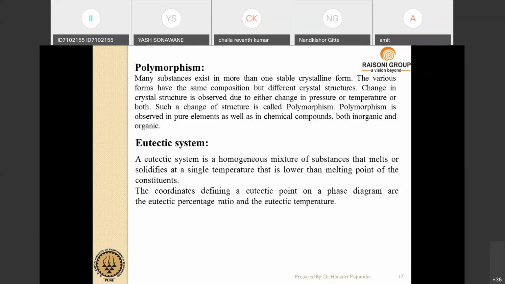Such a change of structure is called polymorphism. You can find polymorphism in pure materials as well as in other chemical compounds, organic or inorganic. So this is polymorphism.